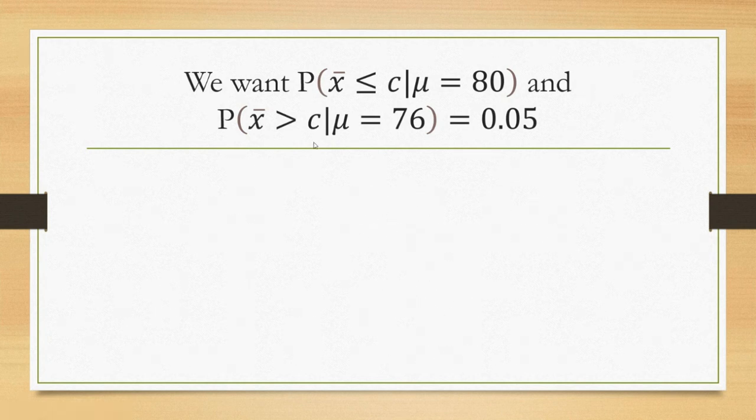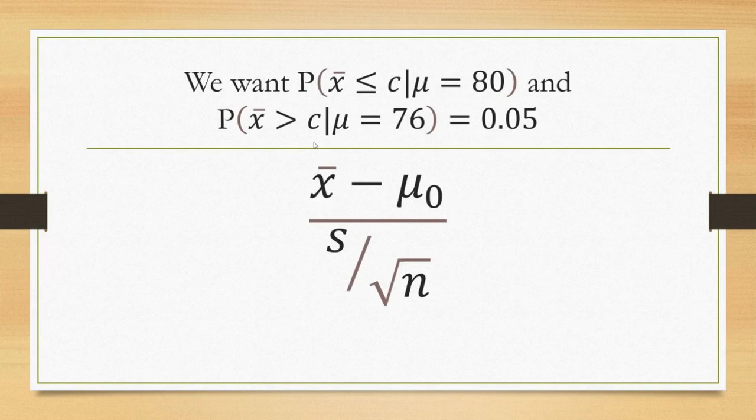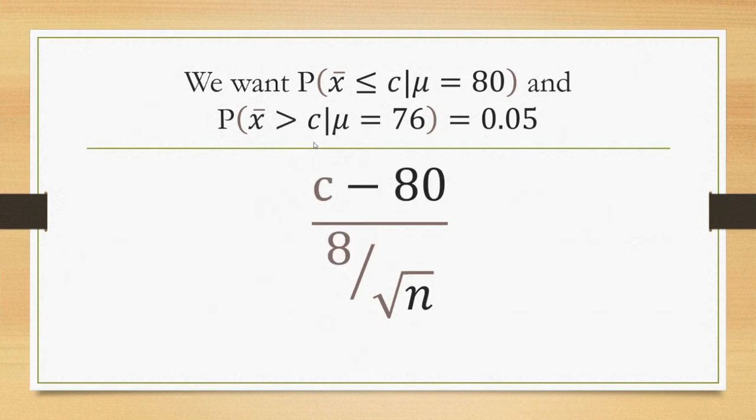We're going to use the formula to find the z-score, using the information given to find the probability of 0.05. So we're going to get z minus 80 divided by 8 divided by square root of n.